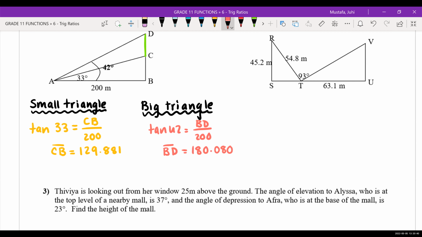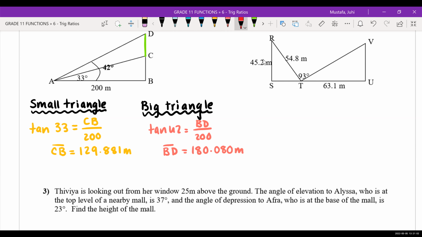By the way, these do have measurements. So this is meters and this is meters. Okay, and then for our final answer, in order for us to figure out just that little chunk over there, we know the entire side length is 180, and then we know CB is 129, so we're just going to subtract them.